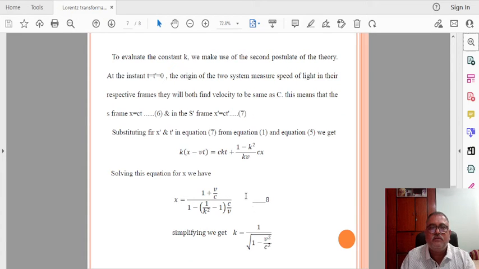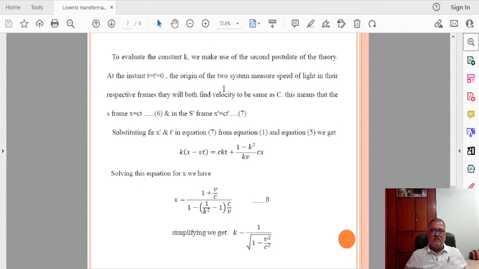See here, to find out or to evaluate the constant k, we make use of the second postulate of the theory. At the instant t equal to t prime equal to 0, the origins of the two systems measure the speed of light in their respective frames, they will both find the velocity to be the same, c.